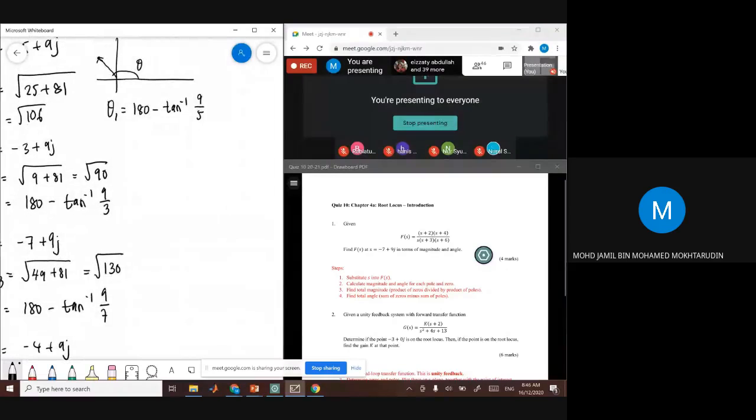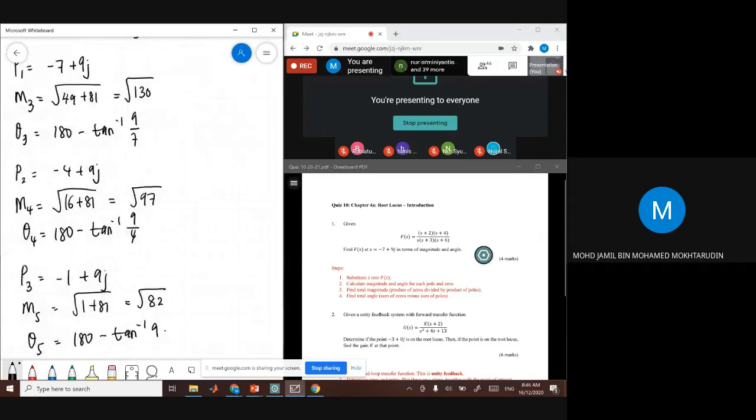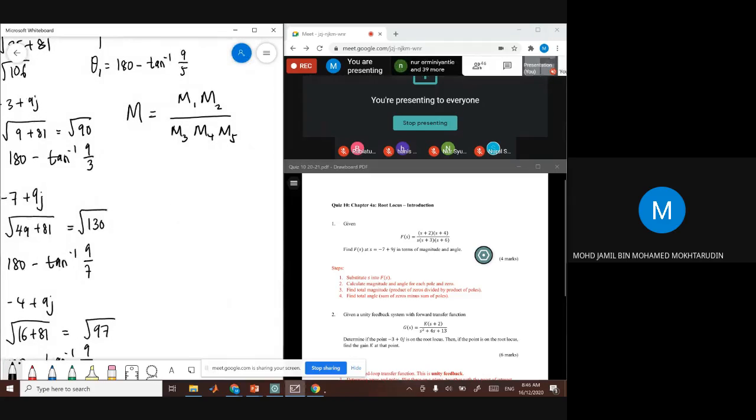So the total magnitude M is M1 times M2 divided by M3 times M4 times M5. And for angle, it's theta 1 plus theta 2 minus theta 3 plus theta 4 plus theta 5.